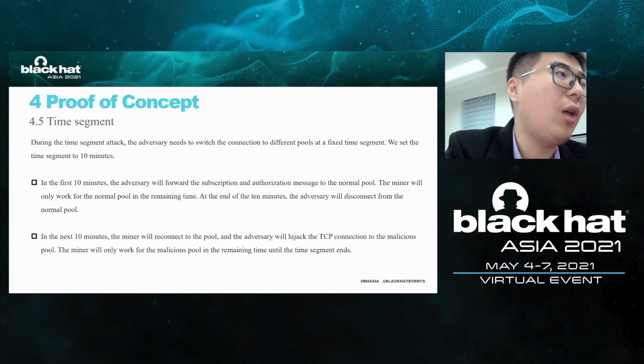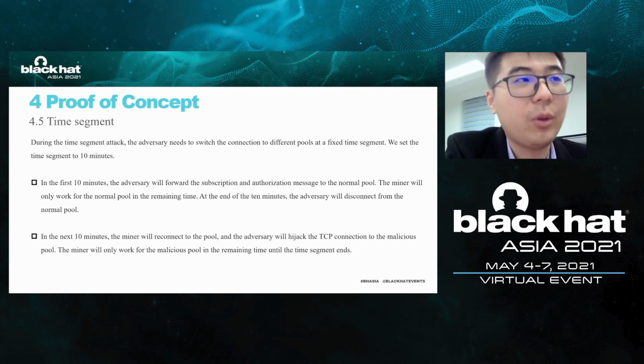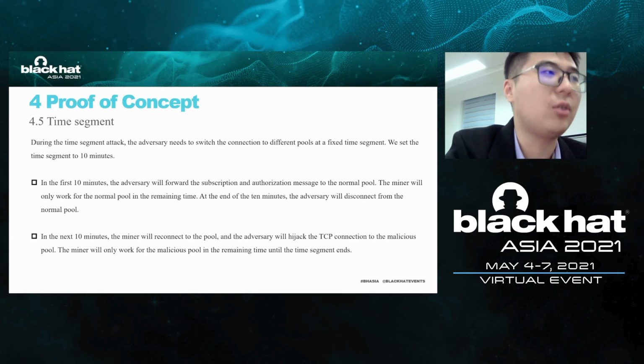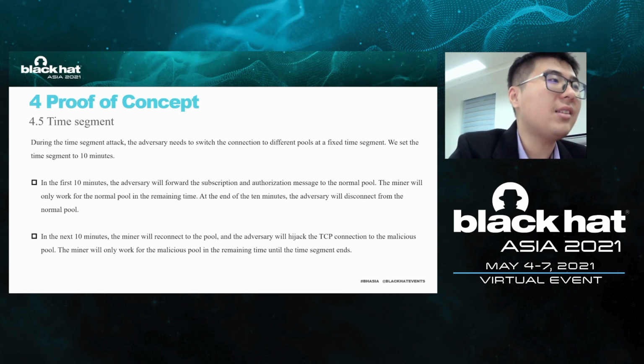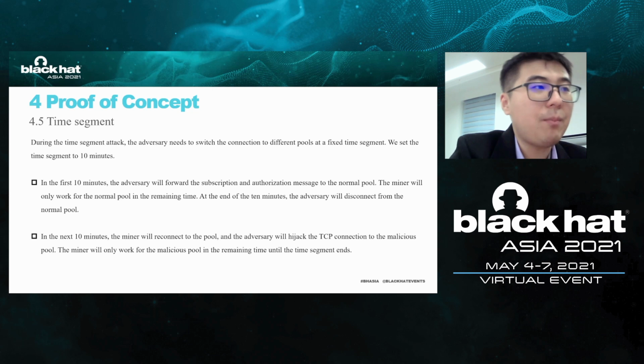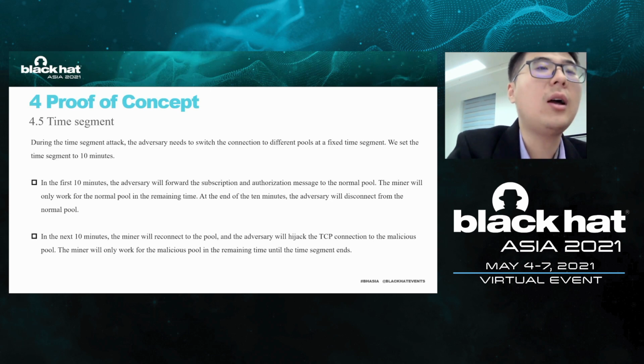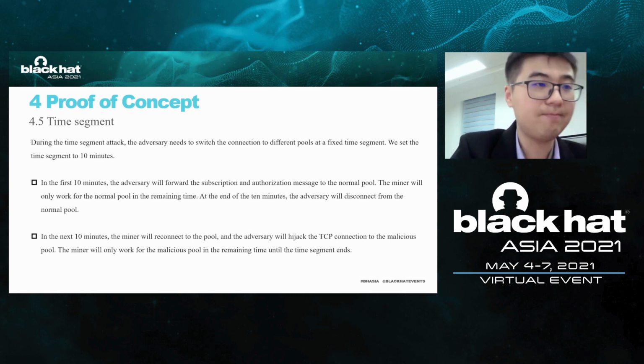The miner will only work for the normal pool in the remaining time. At the end of the 10 minutes, the adversary will disconnect from the normal pool. In the next 10 minutes, the miner will reconnect to the pool and the adversary will hijack the TCP connection to the malicious pool. The miner will only work for the malicious pool in the remaining time until the time segment ends.